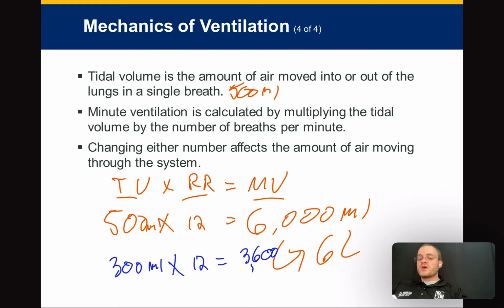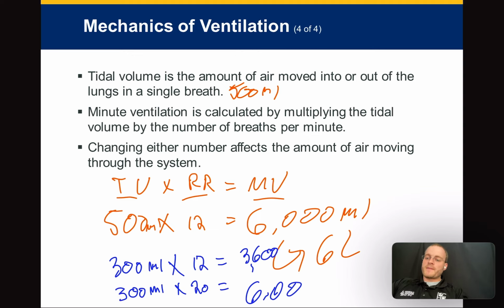But you're like, well, the patient's small, but we still want 6,000 for the minute ventilation. So what if they're still breathing 300, but we increase this to, let's just do 20 times a minute. That's still a reasonable rate, just a little bit faster. So what's 300 times 20? That's 6,000. These are equal.